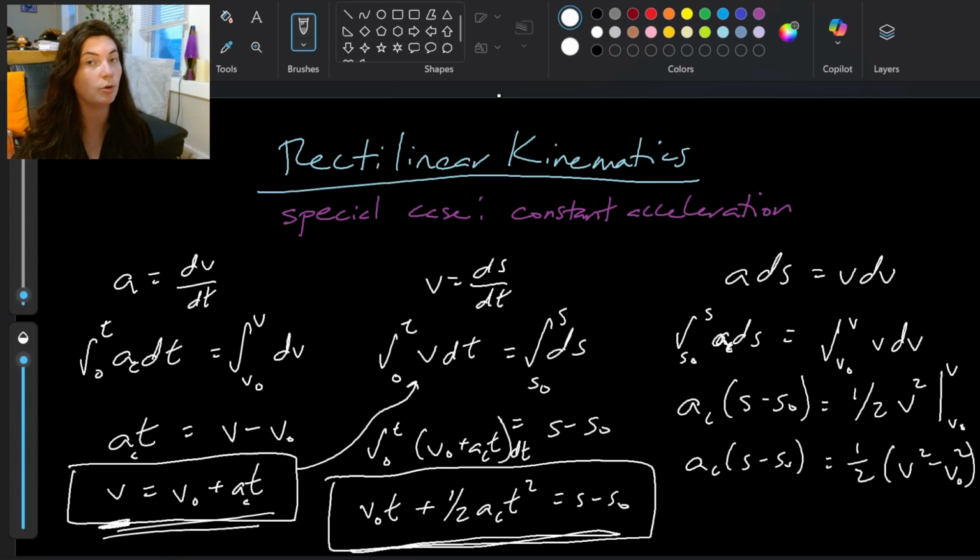Oh, and that's looking pretty close to another kinematic equation that we've seen before. I rearrange this just a little bit into a way that we've probably more commonly seen it. v squared is v naught squared plus 2a_c times s minus s naught.